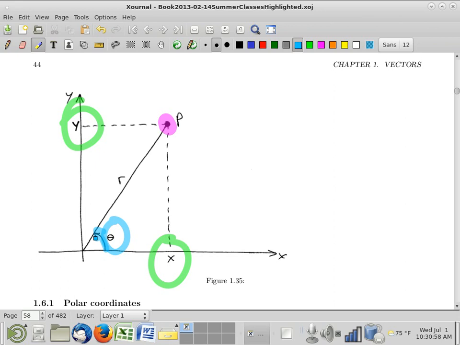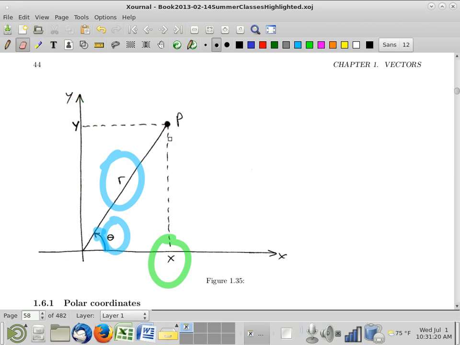And then how far would you go in that direction? If I give you a theta and an r, that would also describe that point. So that's called polar coordinates. And there are some equations that you can write down that relate x and y and r and theta. And we'll write those down in a few minutes.